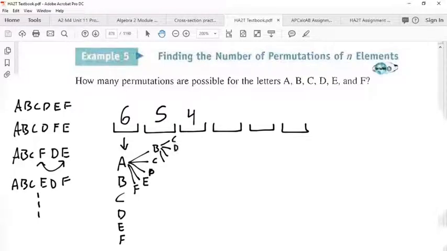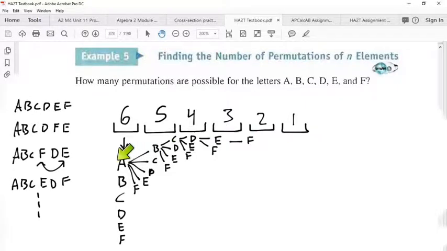C, D, E, F. And then how many options are there for this one? 3. So let's say C finished. There's 3: D, E, F. And then there's 2 options, so that would be E, F. And then finally, there's only one option, F.